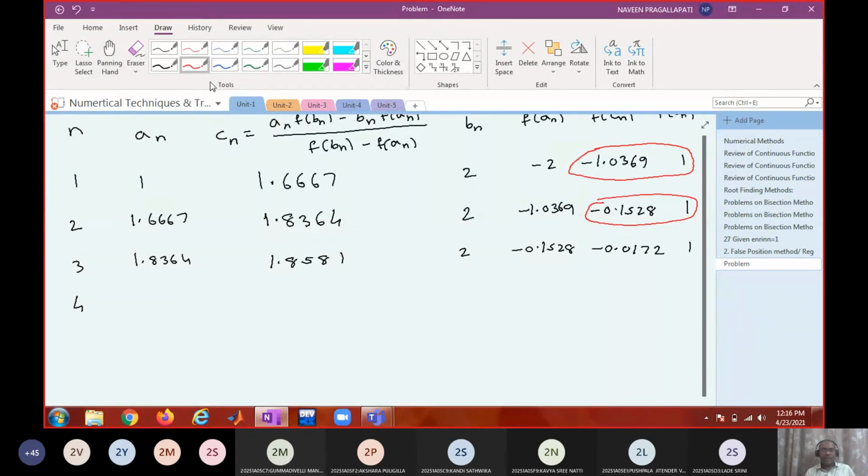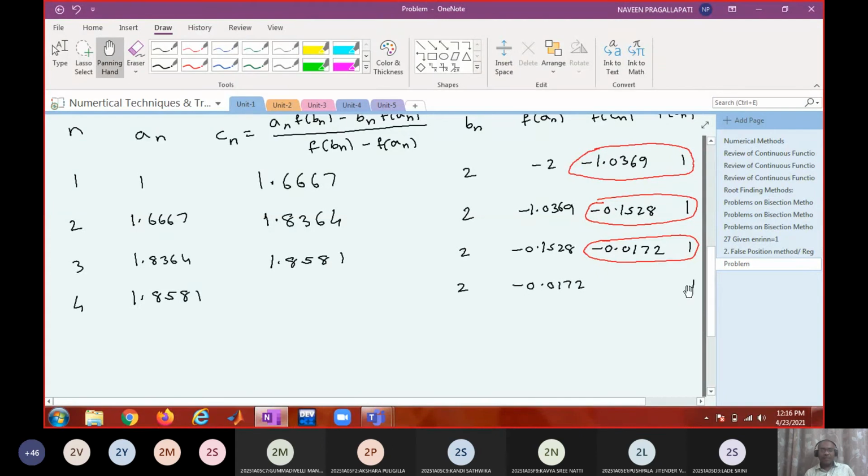Now you can see it is again the right interval. So it is C3 B3. 1.8581. B3 is 2. Copy the values minus 0.0172. Use these four values to compute C4.